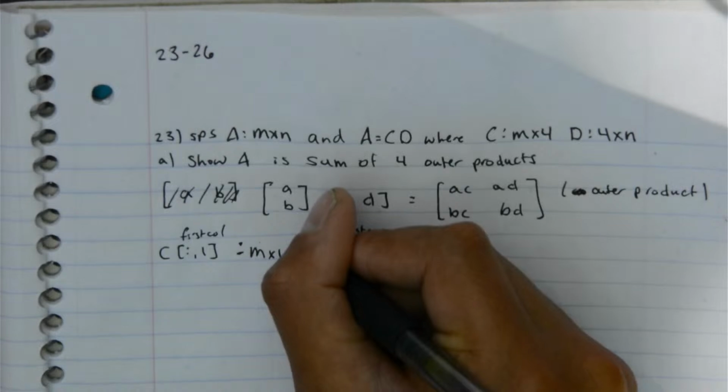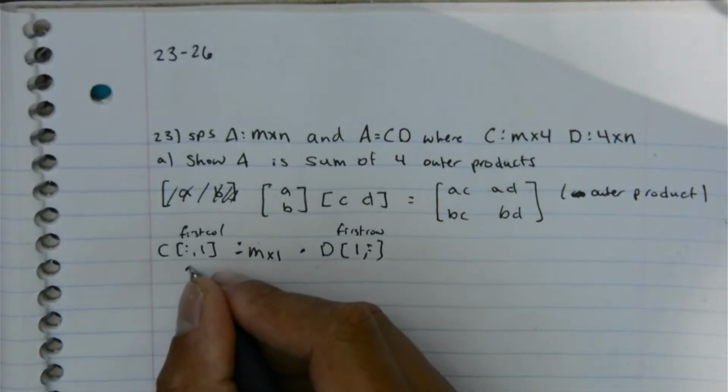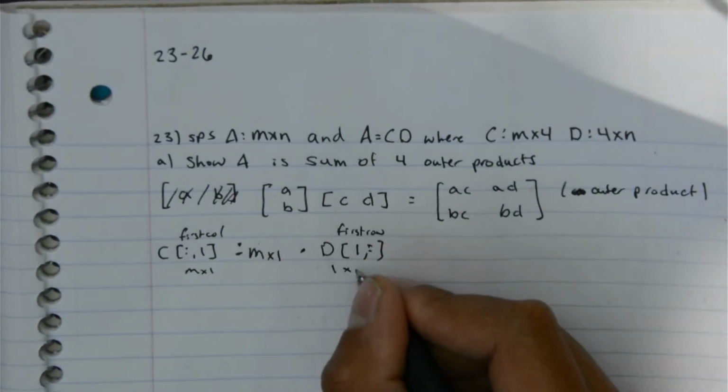I think that might be right. So this is going to be, yeah, m by 1. This is going to be 1 by n.